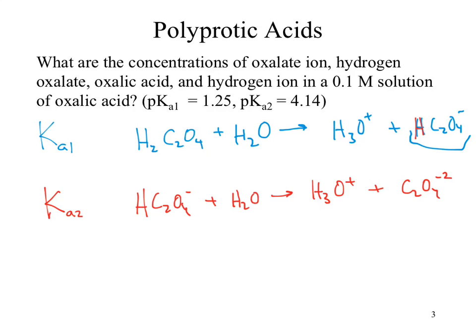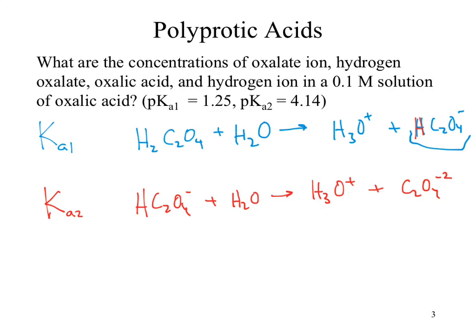So how is all of this important? Well, as soon as we add oxalic acid to water, it reacts with water. In the process of doing that, it generates hydrogen ion and hydrogen oxalate. Great. So we could determine the concentration of that hydrogen oxalate and that hydrogen ion.